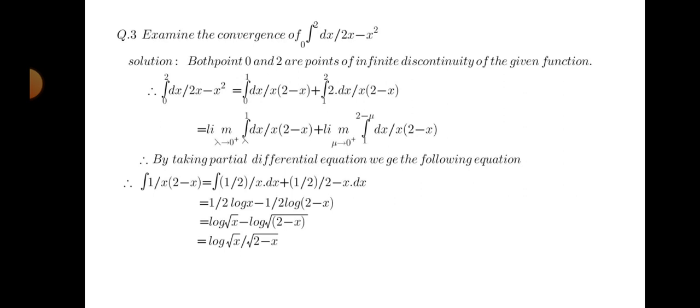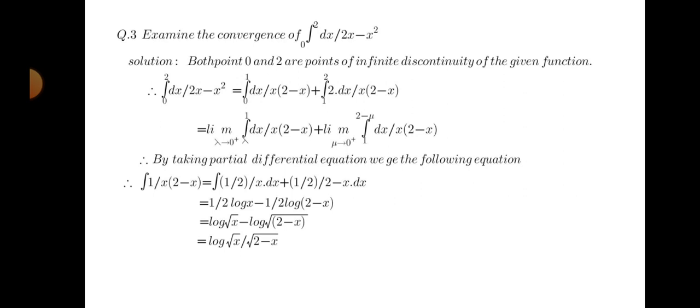Therefore, the integration of 1 by 2x minus x square from 0 to 2 is equal to the integration of 1 by x into 2 minus x from 0 to 1 plus the integration of 1 by x into 2 minus x from 1 to 2, which is equal to the limit of the integration of 1 by x into 2 minus x from lambda to 1 when lambda tends to 0, plus the limit of the integration of 1 by x into 2 minus x from 1 to 2 minus mu when mu tends to 0.